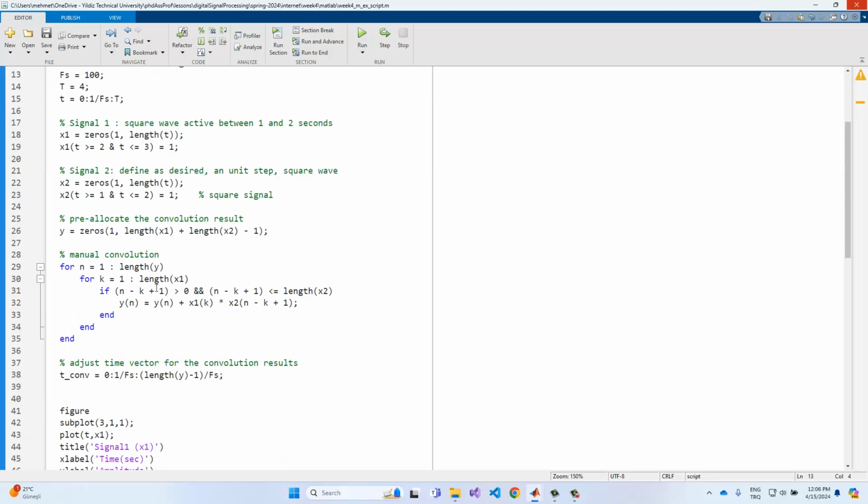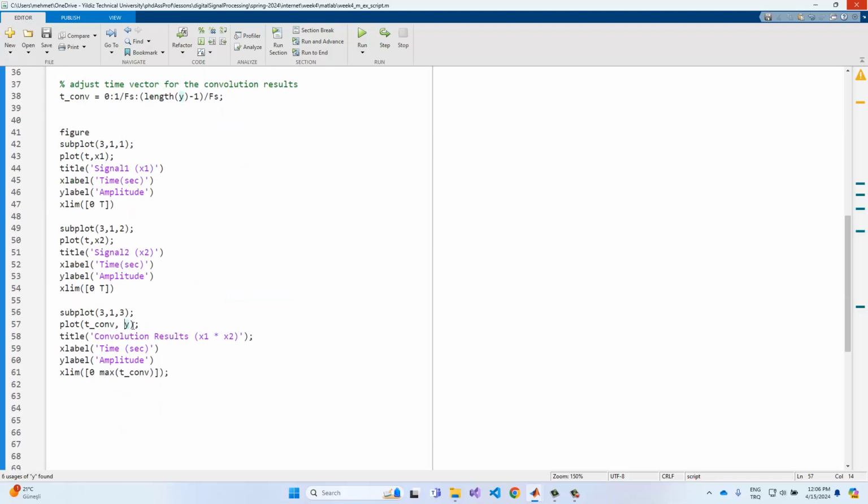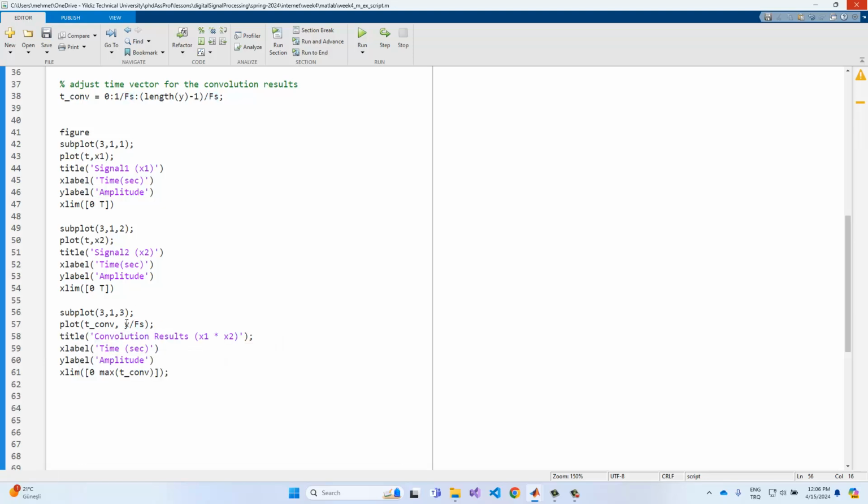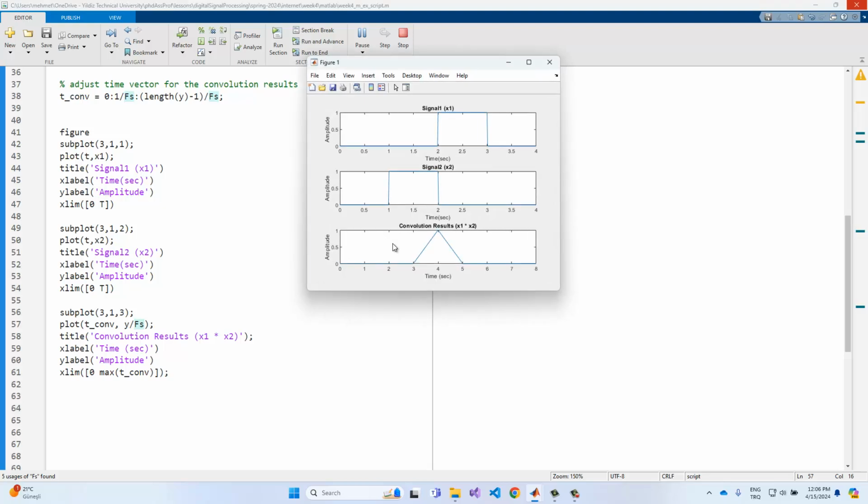So in order to normalize your signal, you should divide your signal, y divided by fs, okay. This is the normalized convolutional pattern in here, okay.